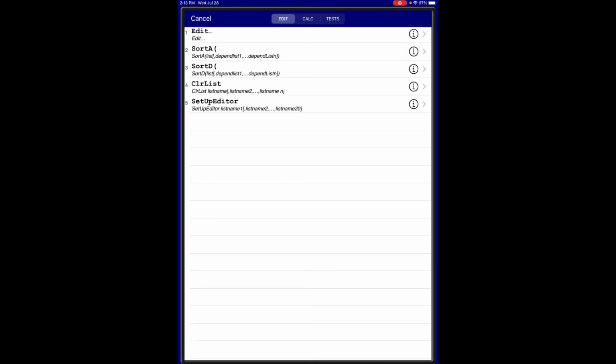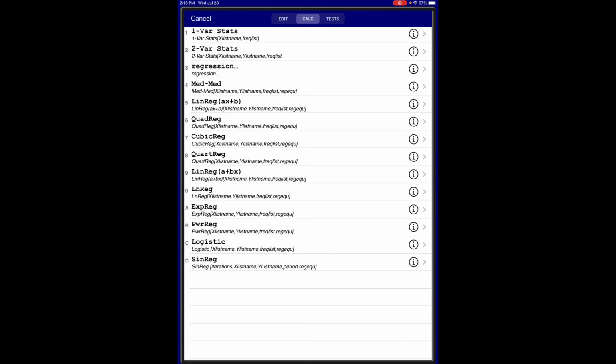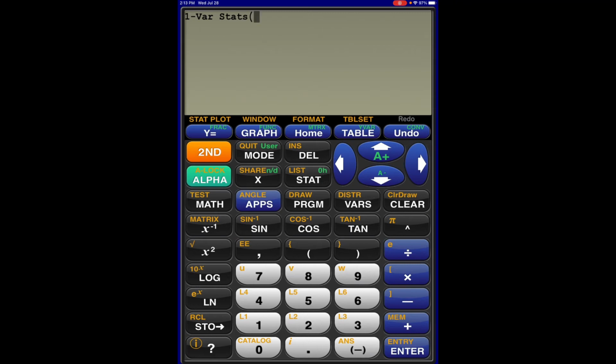Next, select the stat button again, scroll over to calc, and at calc you need to select one-var stats. And if you have the newer style calculator, it's going to ask for the frequency list. And for the frequency list, make sure you put L2 since you did put numbers into that list. And for this one, this is the older style.